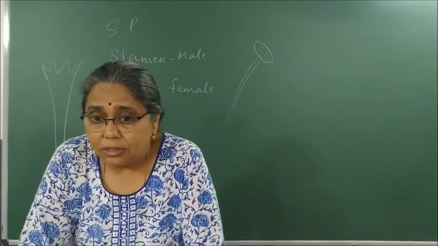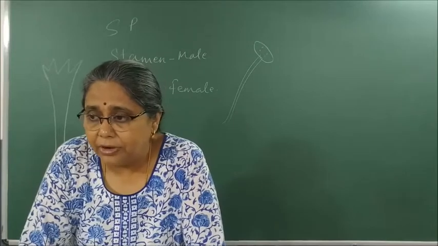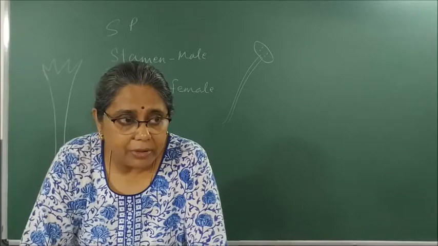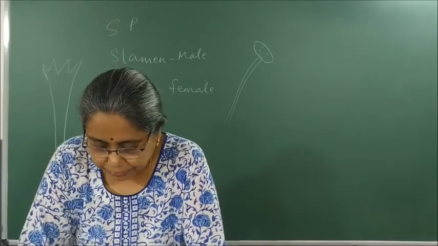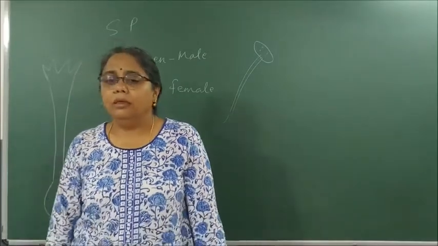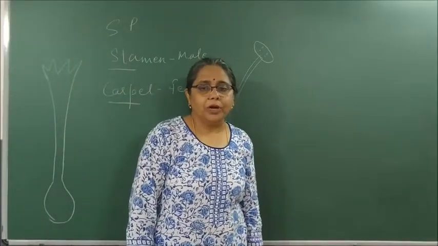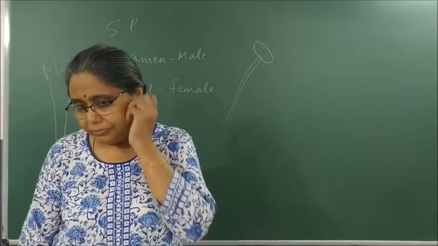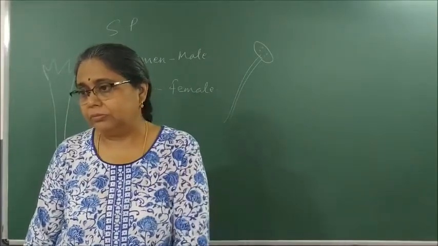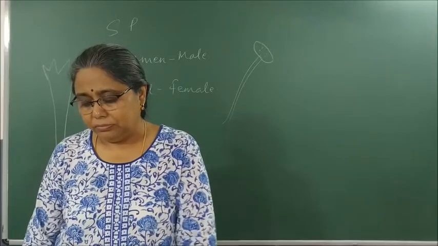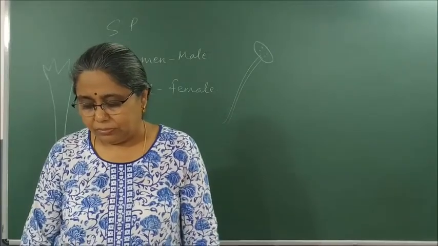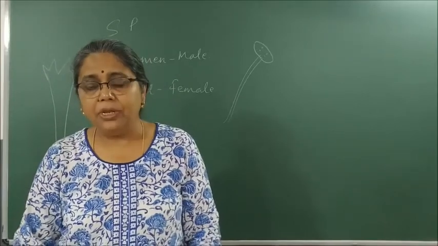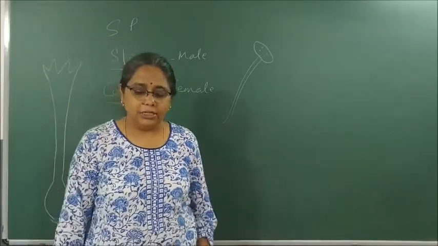Please write, underline stamen and carpel and write: name the male reproductive part of the flower and the female reproductive part of the flower. The male reproductive part is called stamen and the female reproductive part is called the carpel.